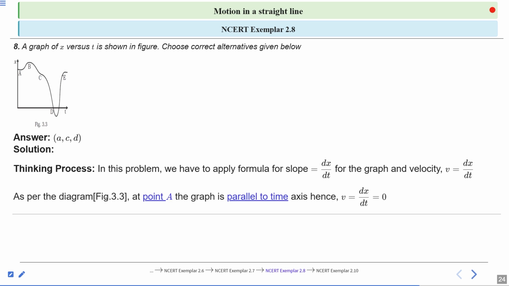As per the diagram, figure 3.3, at point A, the graph is parallel to the time axis, or we can say parallel to the horizontal axis. Hence, v is equal to dx upon dt, and because slope is 0, v equals 0.